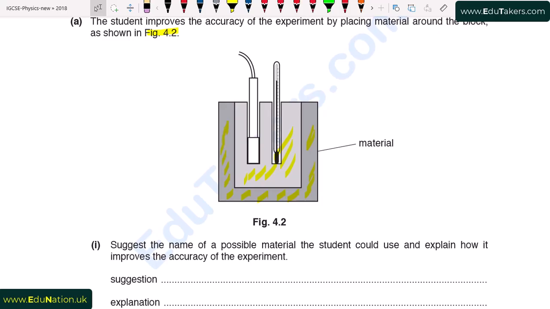So first of all, this experiment is basically for the measurement of specific heat capacity, and this material should be insulating material like rubber or foam. The student can improve the accuracy of the experiment, because when there is an insulating material around the block, then less heat is lost to the surroundings, because this material is a good insulator.